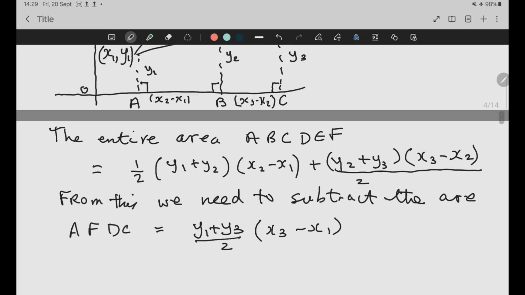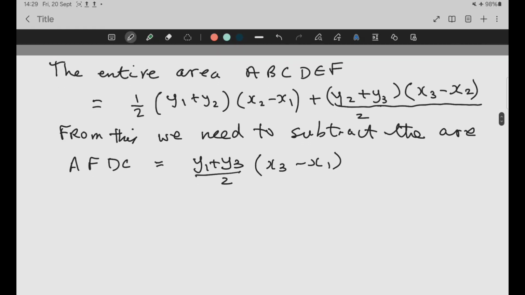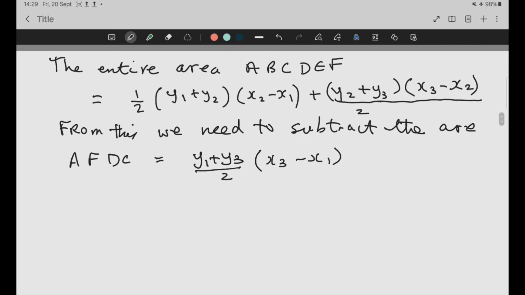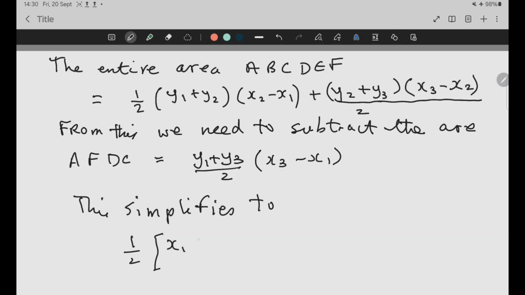And when we've done that, with a little bit of algebra, which I shan't go through because it's something you should be able to handle yourself, this simplifies to the following formula: 1/2 x1 times y2 minus y3 plus x2 times y3 minus y1 plus x3 times y1 minus y2.